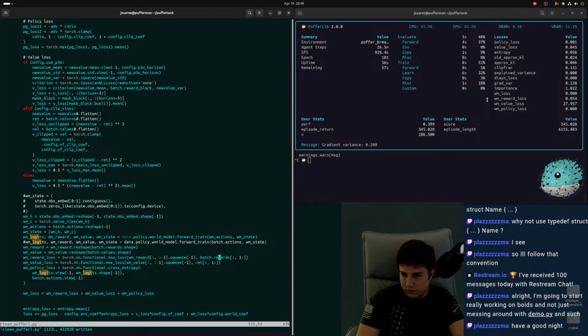Reward loss is low enough, I guess. Why wouldn't you be able to predict this, is my question. The obs embedding. Totally should be able to, right?